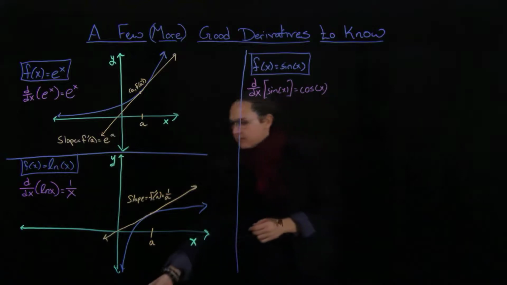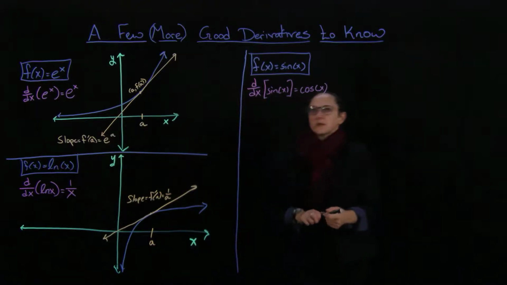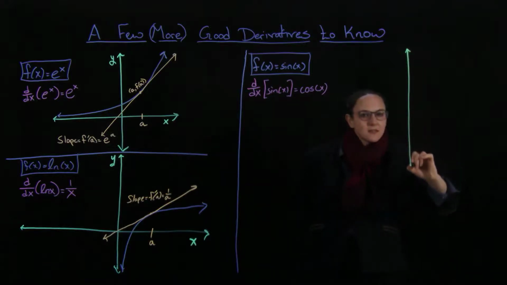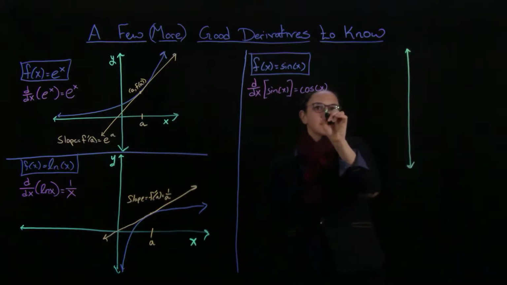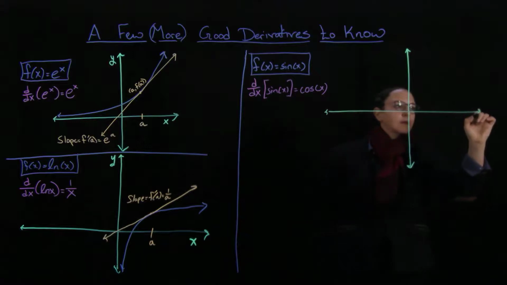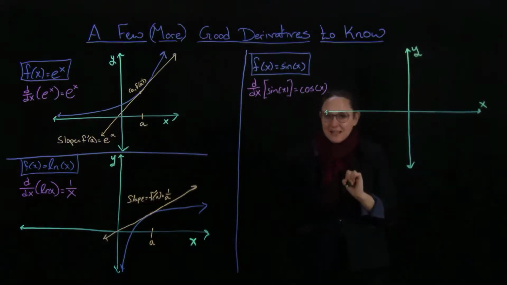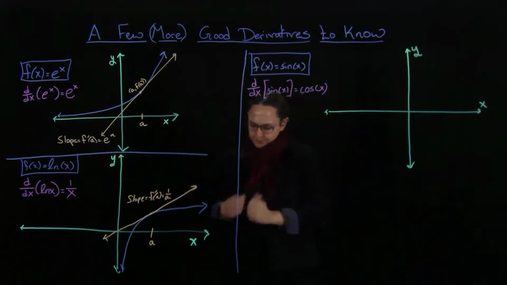So here we go. My axes, I was making green before, so let's do that again. So my x, my input-output axis, and y, my output axis.